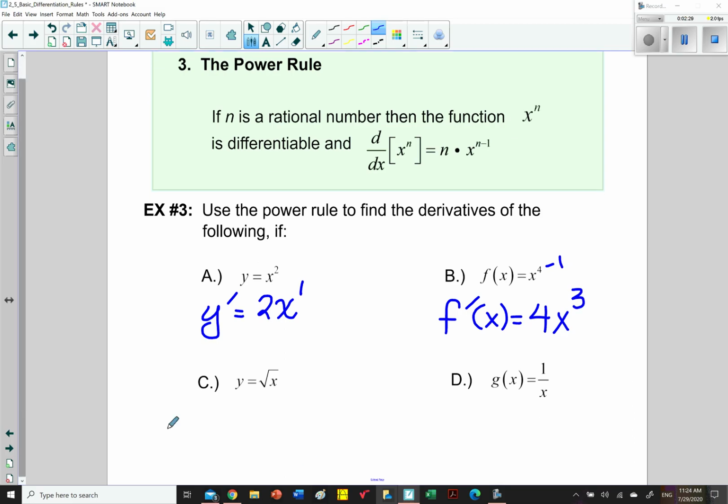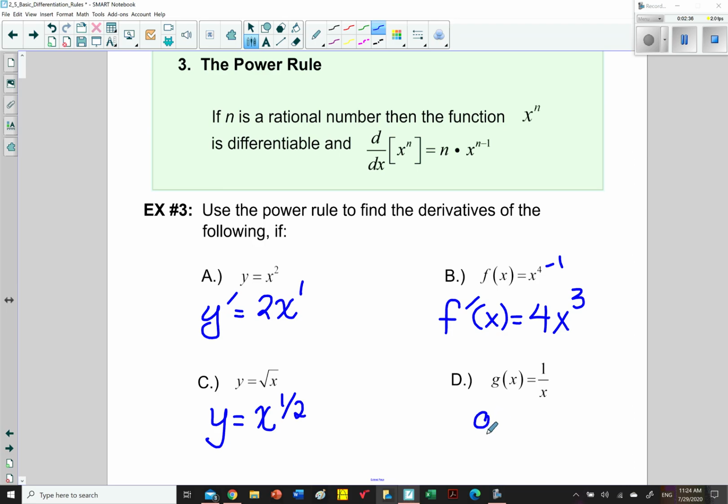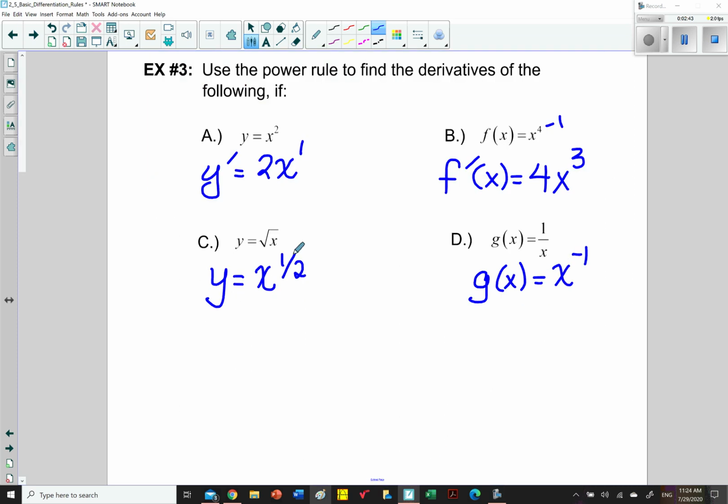In the next two, we want to rewrite the function square root of x or rewrite the function g of x as a power. So I'm re-expressing the function. Instead of radical square root of x, I'm writing that as a power function. Y is x to the half power. Then it's easy to apply that power rule. 1/2 times x and reduce this power by 1 means I have a negative exponent.